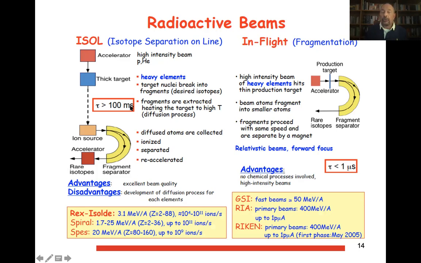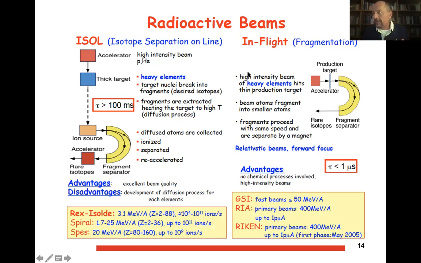At this point, you heat up the target, and then you use the heated up target as a new ion source for the accelerator, where you can now re-accelerate the particles, but using magnetic deflection, you can select the isotope that you want, and then you can accumulate the rare isotopes that you really need. So the advantage is that you have an excellent beam quality. The disadvantage is that you have to develop a diffusion process for each element.